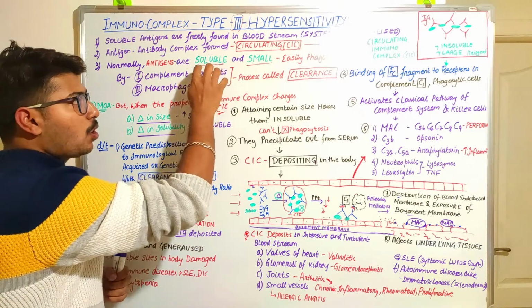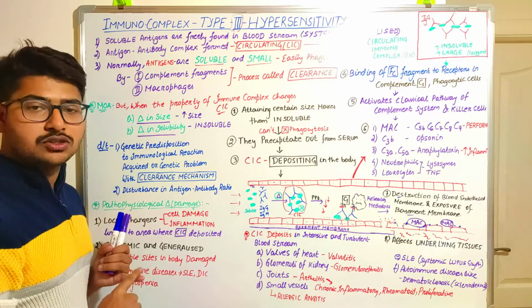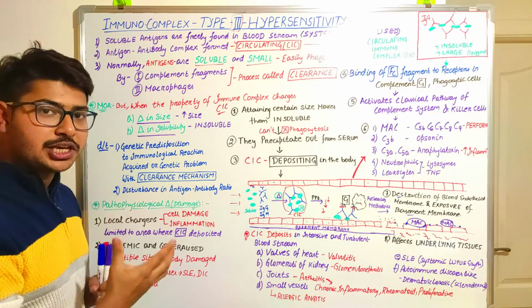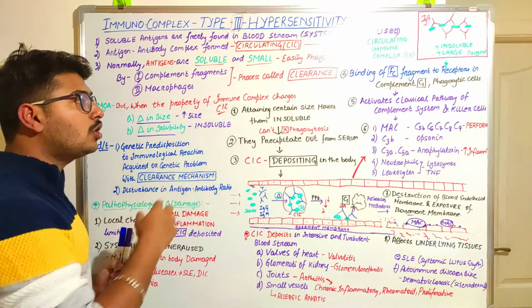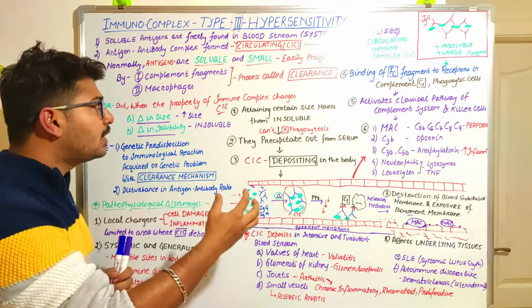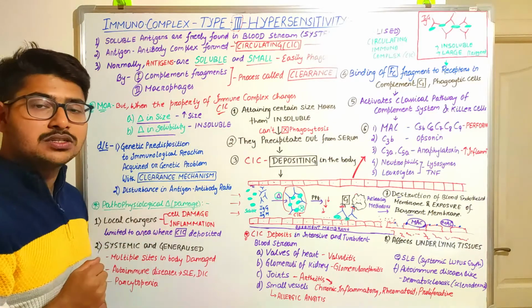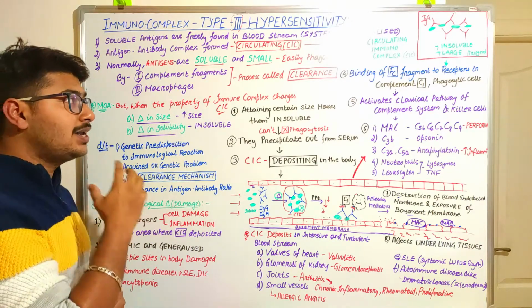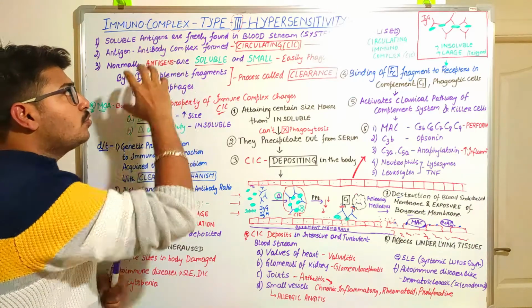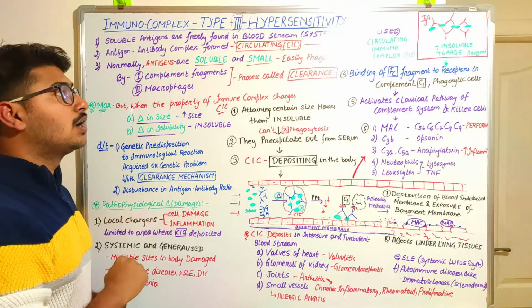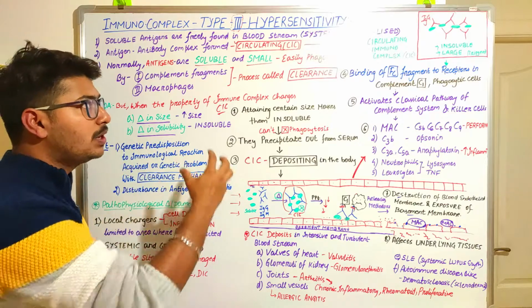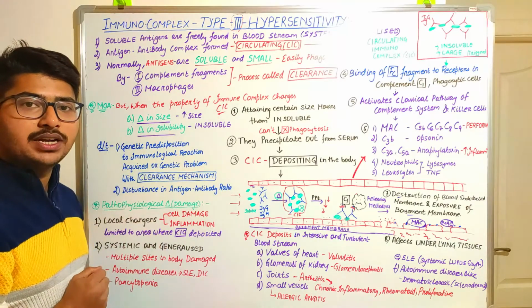But when its solubility and size change, the immune complex will pose a problem for these phagocytic cells. That is the reason why this immunocomplex creates problems in these hypersensitivity reactions.